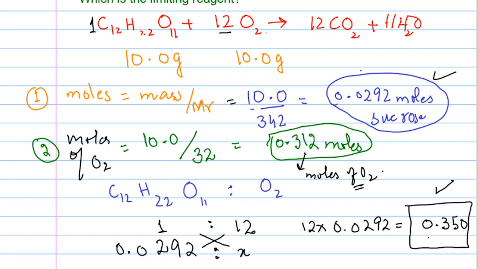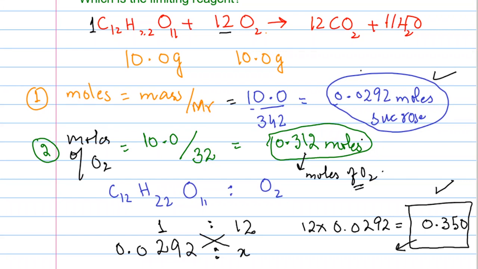So the required amount is a little greater than the present one. The amount available for the reaction is 0.312, but we require 0.350.